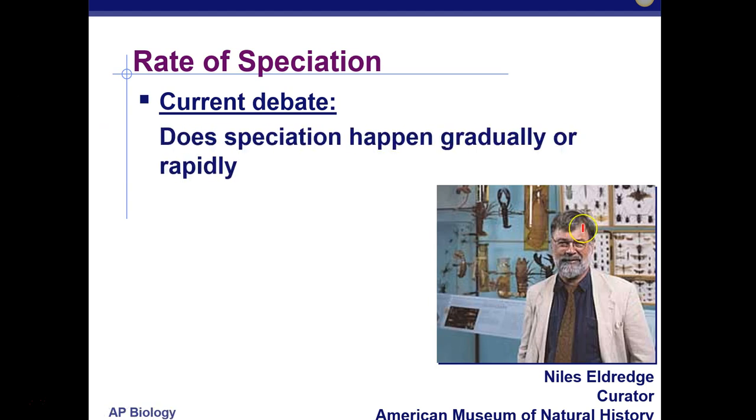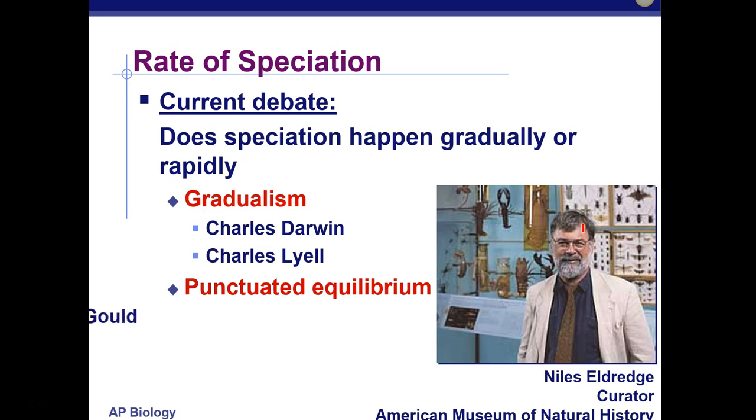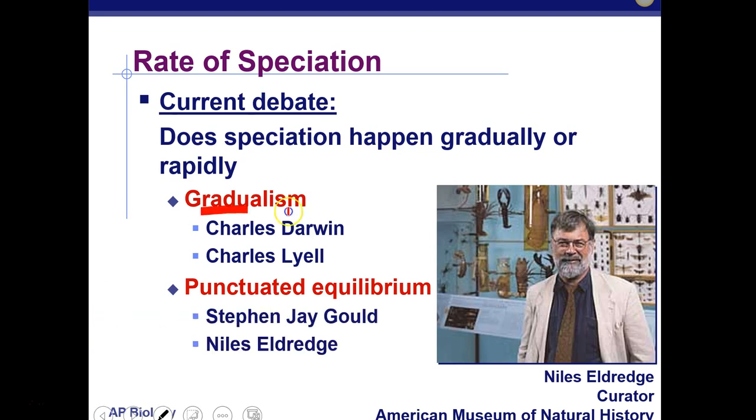So how fast do we get a new species? There are pretty much two big theories about how fast this occurs: gradualism and punctuated equilibrium. And these are the gentlemen that pushed those theories about how long it takes to get a new species.